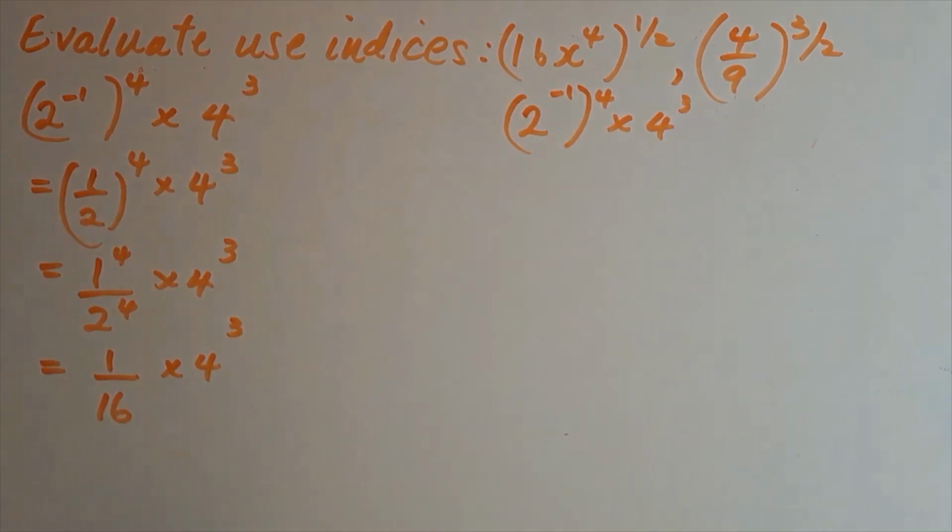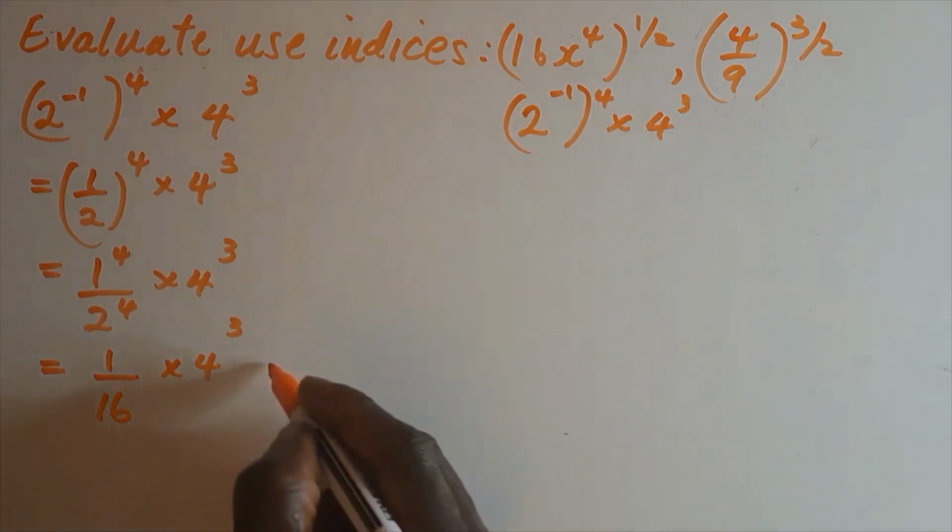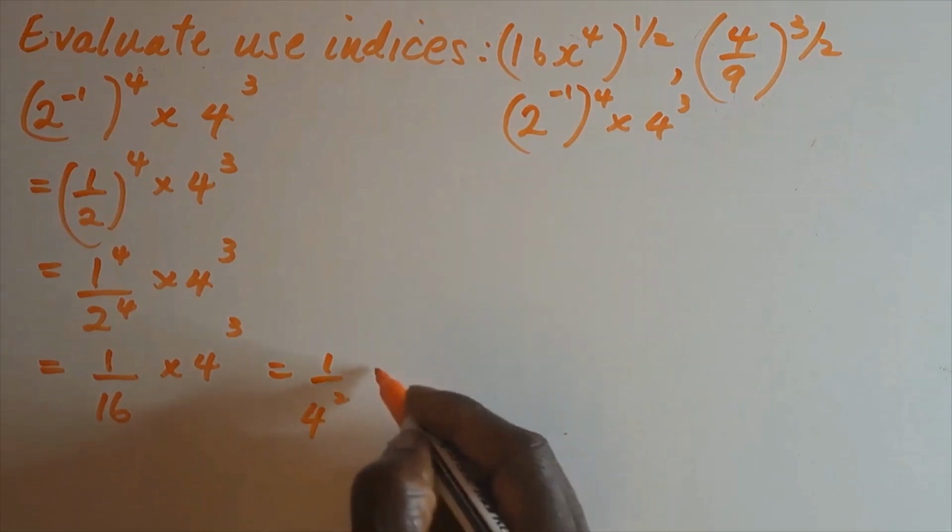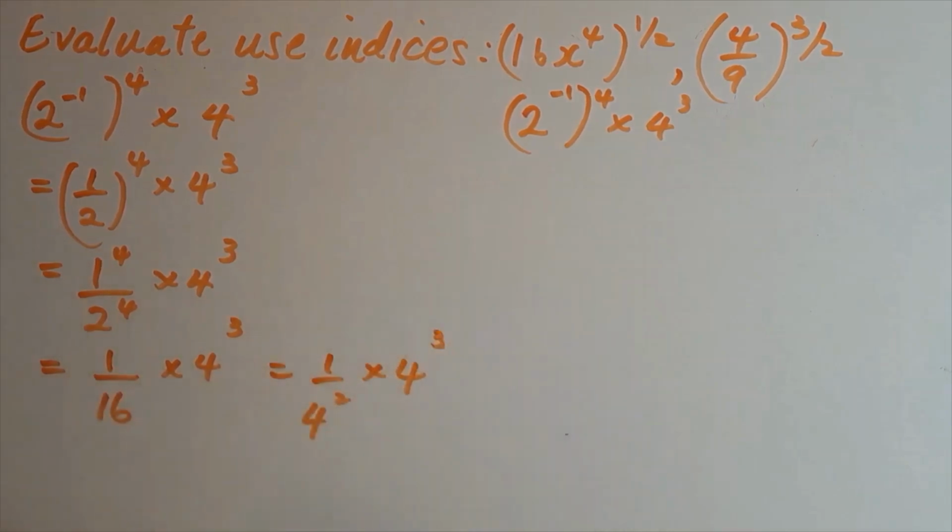From here, we can write that 4 squared is the same as 16, so we can rewrite this as 1 over 4 squared times 4 to the 3rd, so 4 cubed. The reason I use this as an equivalent to 16 is that I'm looking for something with the same base as this 4 cubed, so that I can evaluate this without much calculation.